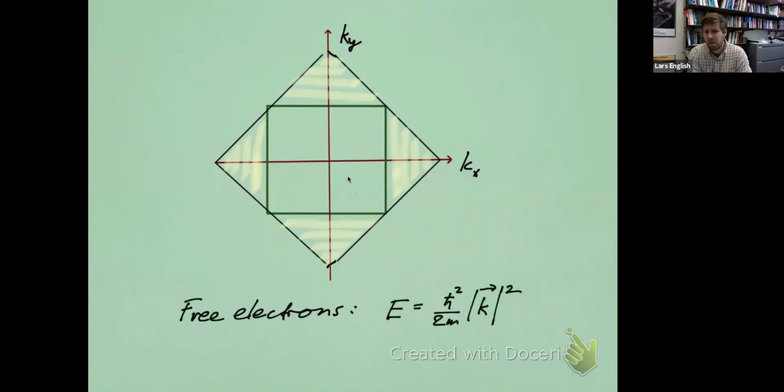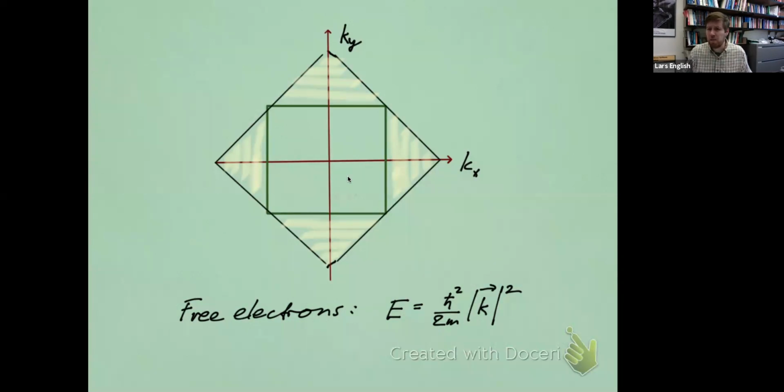The free electron, for a moment, its energy is given by h bar squared over 2m times k squared. But here, of course, we're in two dimensions, and so k is a vector. So what I really have to say is that the energy of a free electron is given by h bar squared over 2m times the magnitude of that k vector squared.